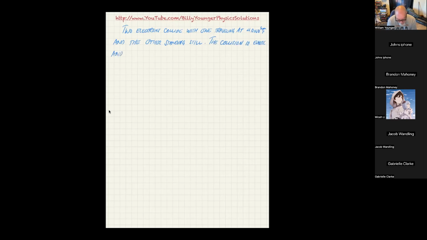And one particle, or one electron, leaves the collision at 60 degrees above the x-axis.